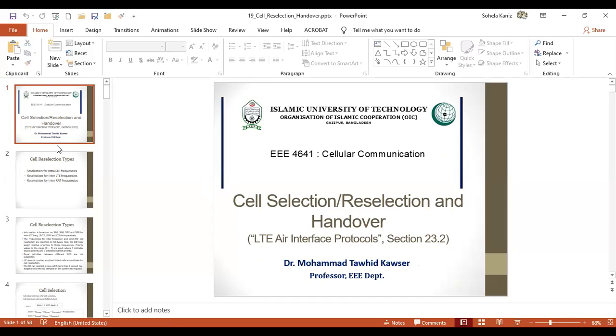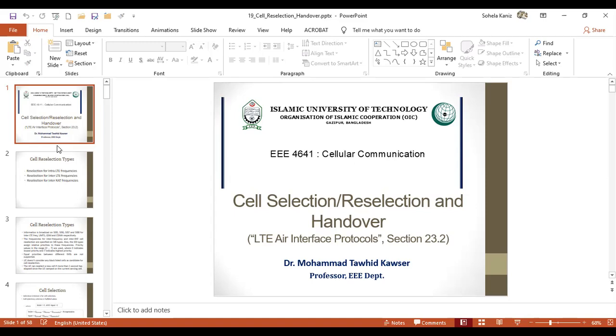But in addition to that, because part of the discussion is related, okay, we will also touch upon cell selection. But that cell selection is the part of camping that we discussed before. So this is a small part in the camping.